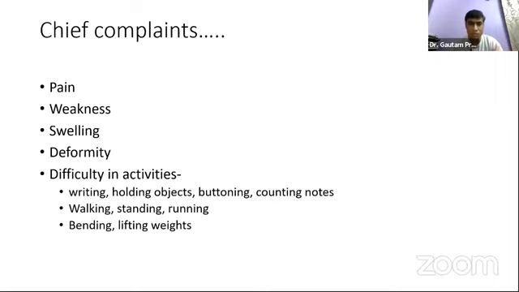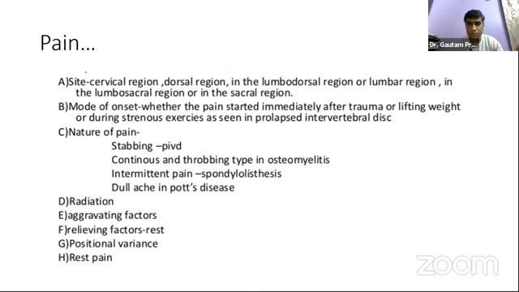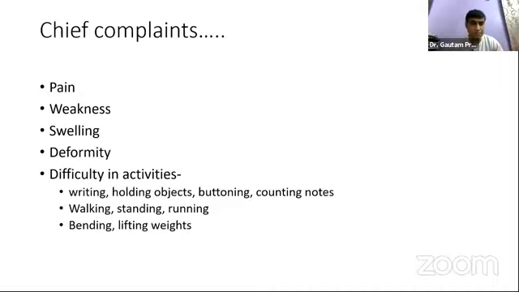Whenever we come across these, we need details of the pain: what is the site, is it a throbbing kind of pain, sharp shooting, radiating, dull ache, non-radiating, is it aggravated by a particular activity or relieved by a particular activity? What is the progress over a period of time, is it getting better or worse? Is it associated with rest pain? And what disabilities is it causing in daily routine activities?